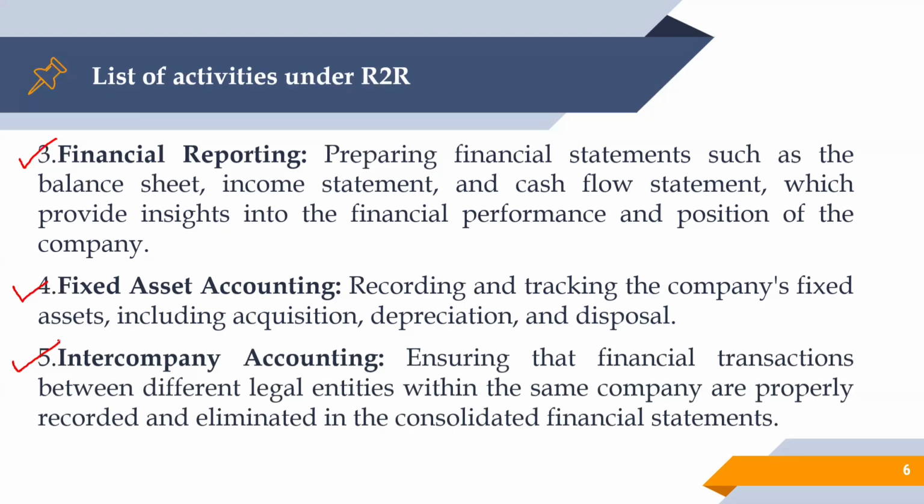Since the intercompany transactions are going to be eliminated, this again is one of the critical activities in the MIS. One is the standalone MIS, and then based on the standalone and further validation of the transactions, it is prepared as the consolidated financials. That's going to be important from the R2R.